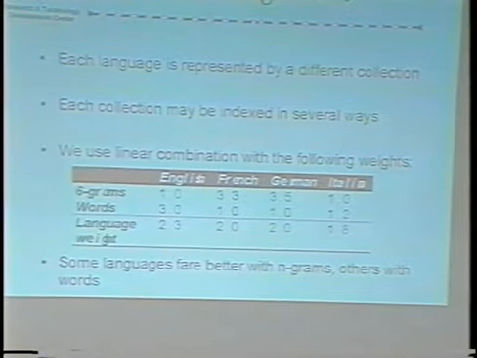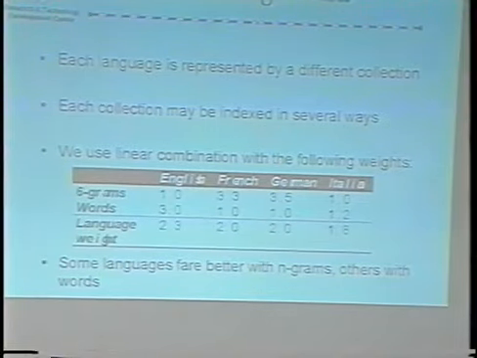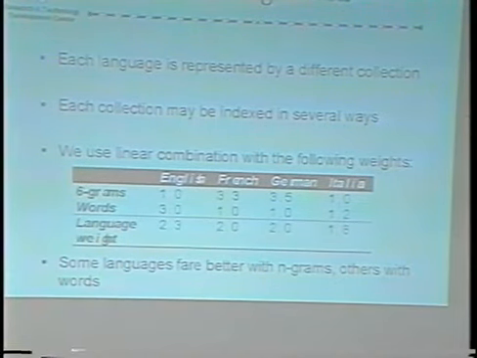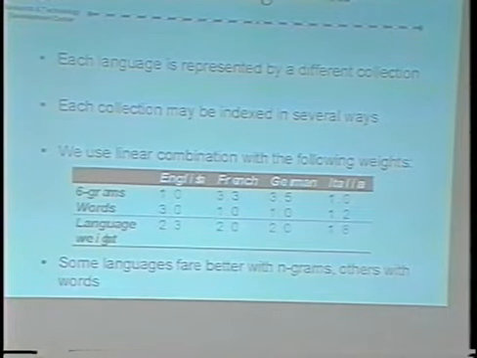So we built a word index and a 6-gram index for each language. Why 6-grams? Well, because 6-grams work very well in English. We didn't test the other languages. It's very conceivable that different values of n will be better for different languages, but we didn't. We did this on a very tight calendar, so we just picked 6-grams.